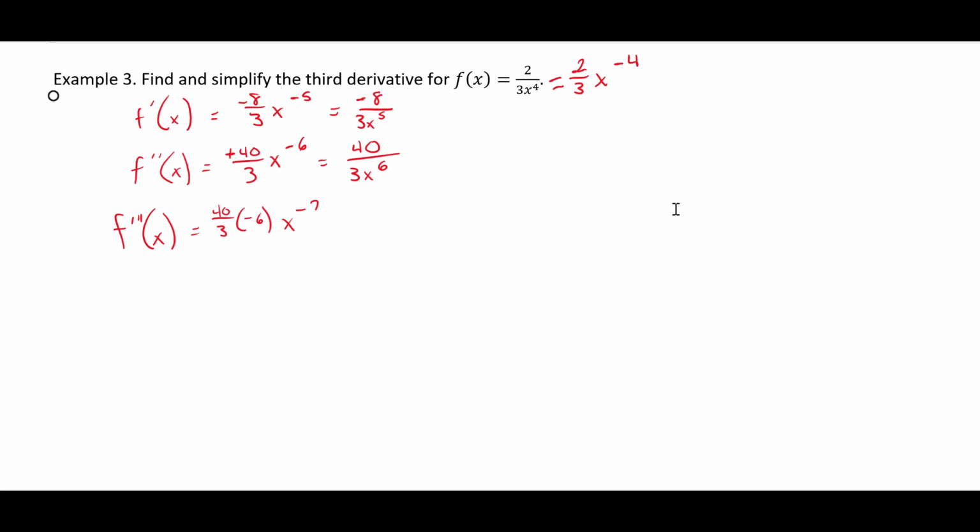Let's go ahead and simplify before we multiply. So 3 goes into 6 2 times, right? So then that just gives us -80 x to the -7th power, which then ends up being -80 over x to the 7th when we rewrite it. And that is your third derivative.